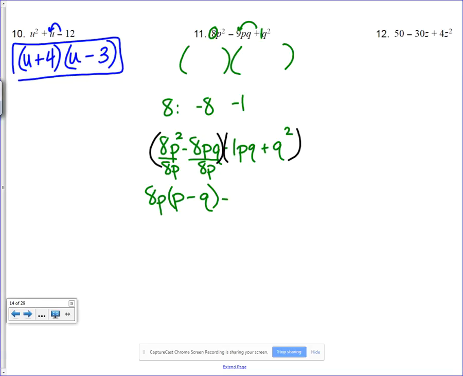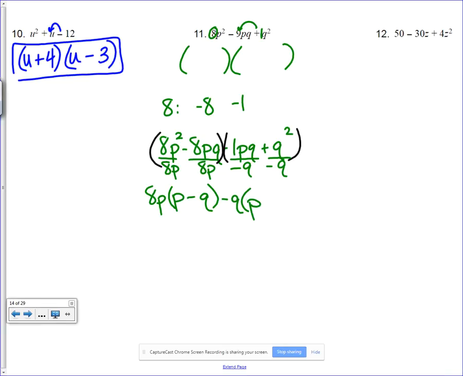What can I take out of those? I can take a Q out of both of those, can I? And because I started with a negative, I'm actually dividing out a negative Q, no squared. All right, what's left? A negative divided by a negative is a positive P.